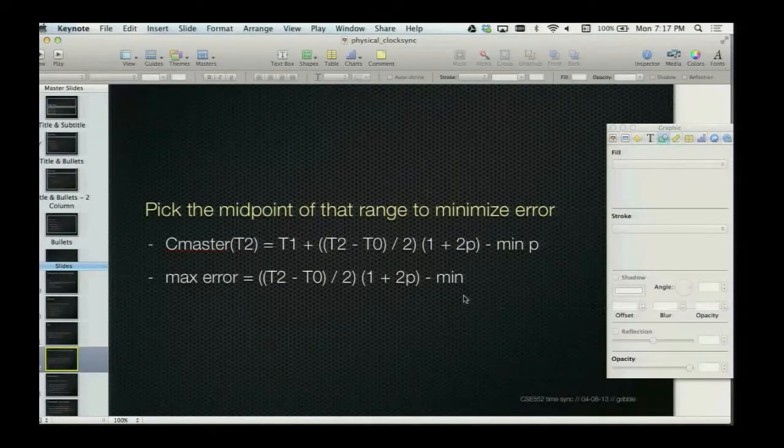And basically, instead of doing T0 and T2 as the maximum bound, I can adjust that inwards according to the minimum round trip time. Okay, so all of this being said, if I know the minimum round trip time between myself and the master, what's the best possible clock error that I can achieve?